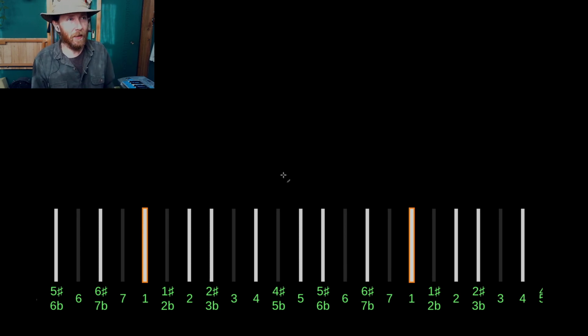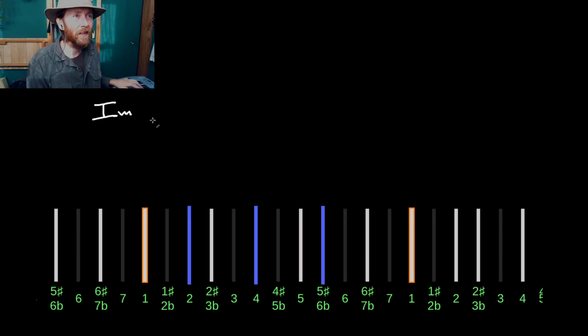So if we work out the harmonization for this minor scale, it looks a little different. Here's a 2 diminished. This is so messy.